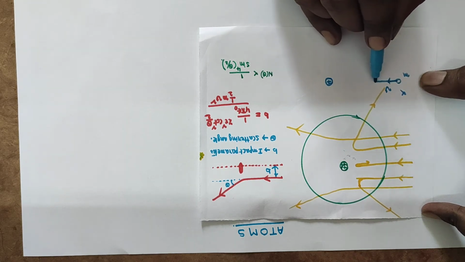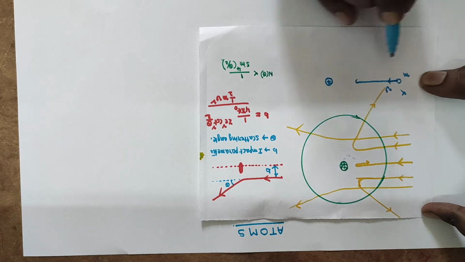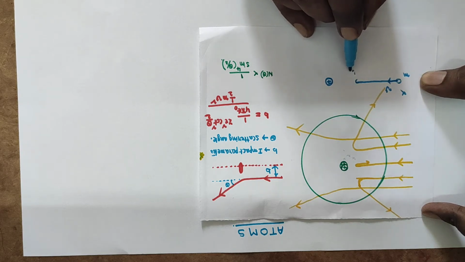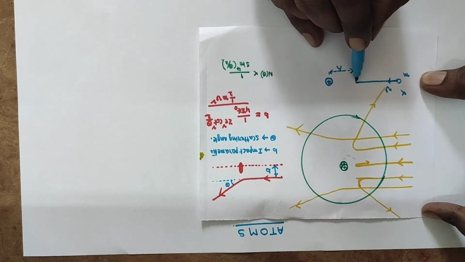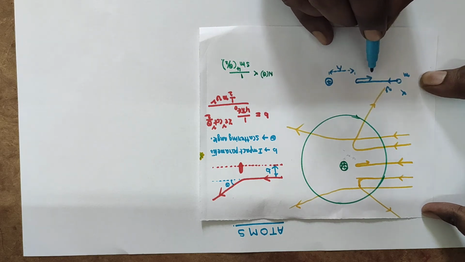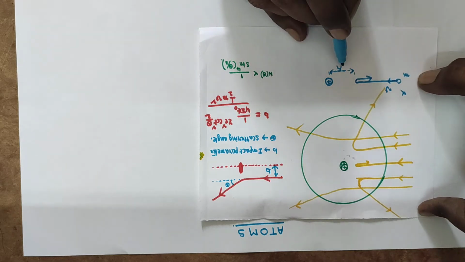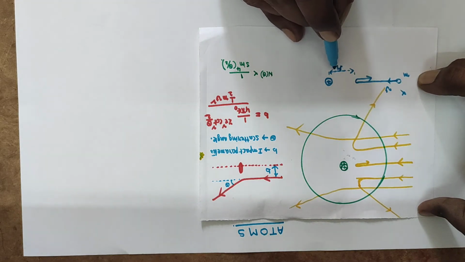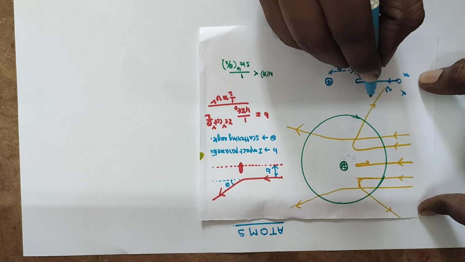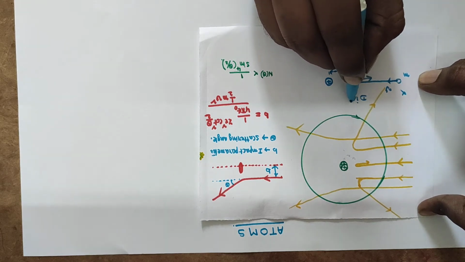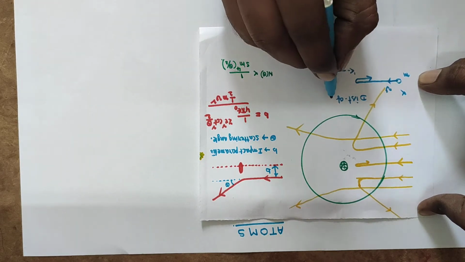It approaches the nucleus up to a certain distance. Because of repulsion, it will deviate its path. So here r is the distance of closest approach.